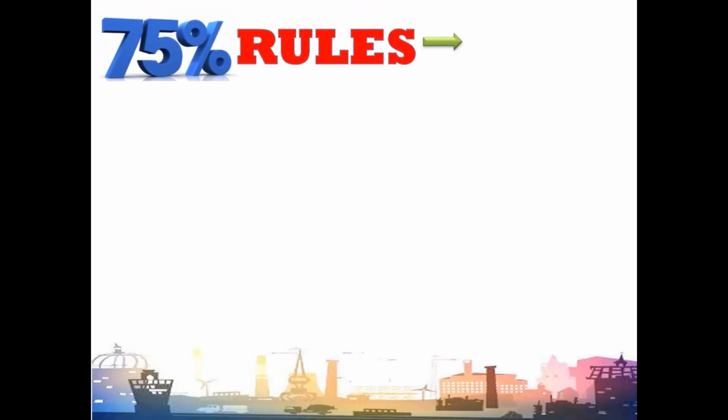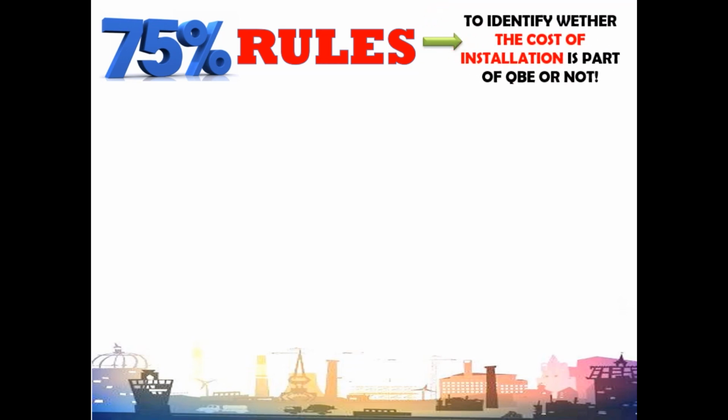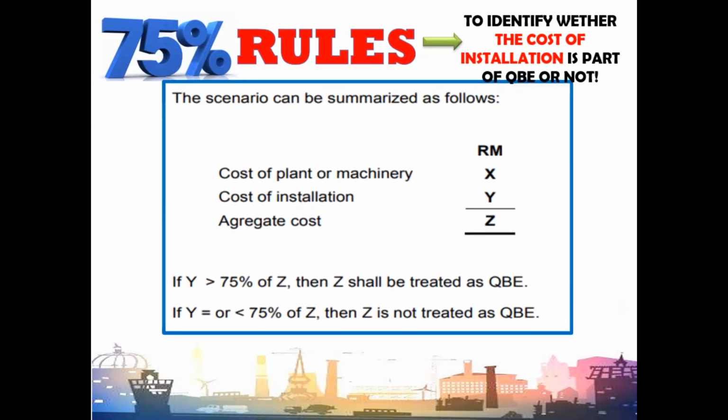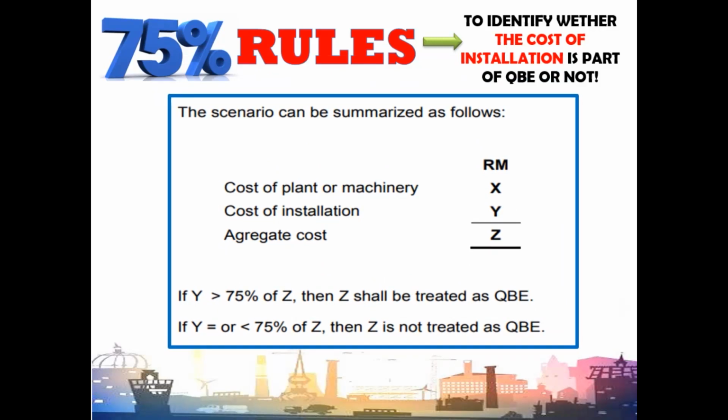So this is what the 75% rules are all about. The 75% rules are used to identify whether the cost of installation is part of QBE or not. Then you have to calculate this 75% rules. So the scenario can be summarized as follows.